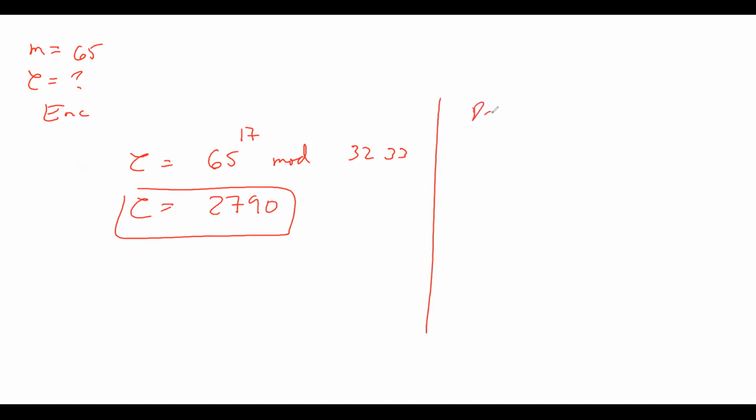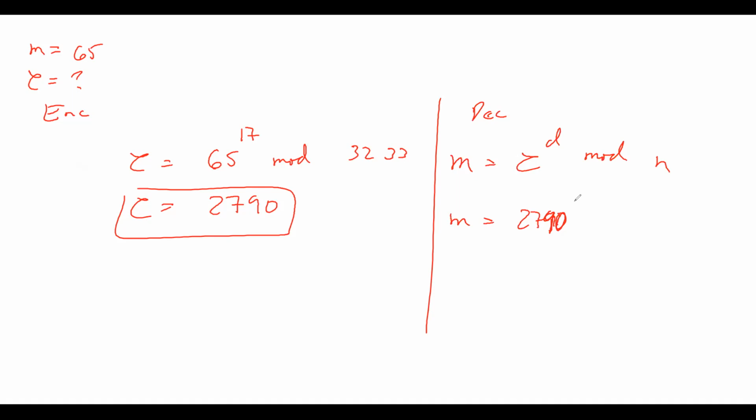Then for the decryption, you're going to do the opposite, right? So now you want M. That means you need C to the D, mod N. So that's going to be 2790. Notice how big this is becoming now, right? The D exponent is, what was it?